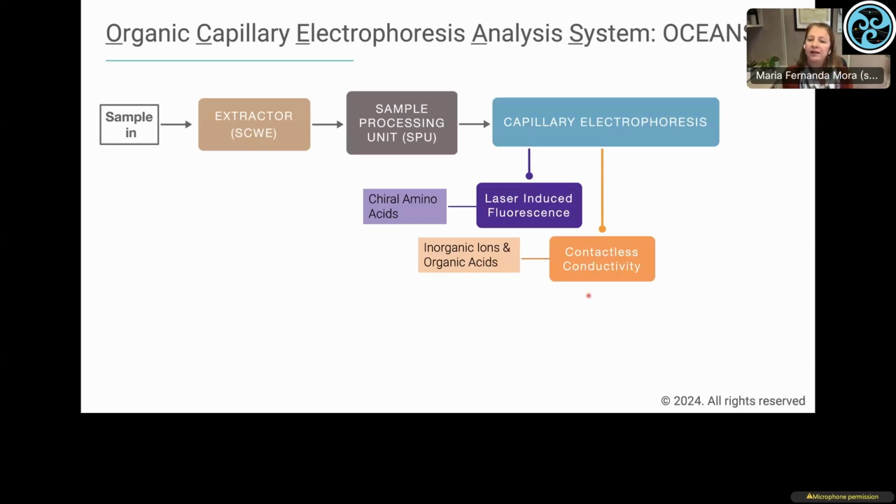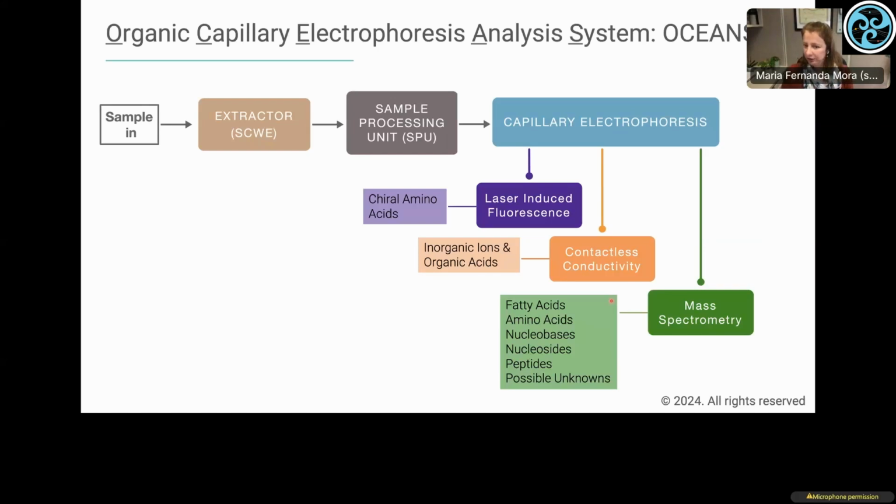And then finally, we also do mass spectrometry. With this one, we have methods, again, for fatty acids and amino acids, and then some other positively charged organics like nucleobases and nucleosides that are derived from DNA. And we can also, in theory, detect unknowns.